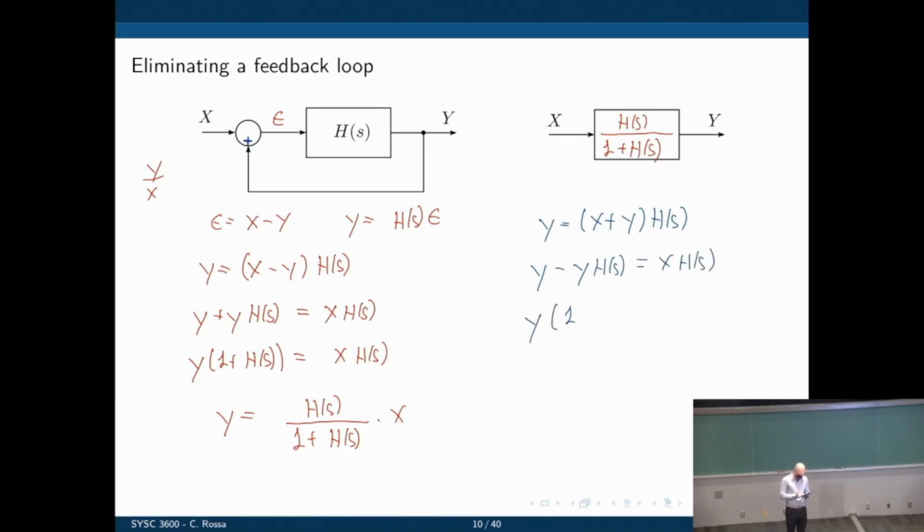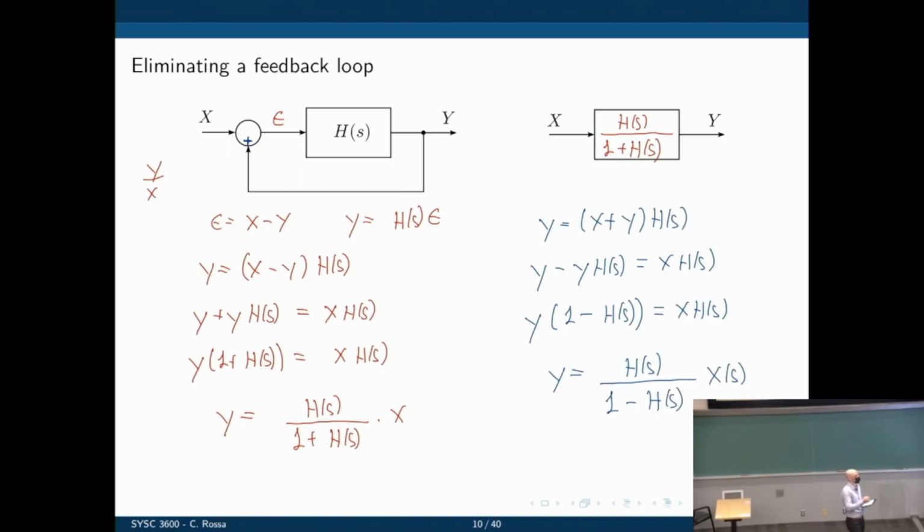Y multiplies 1 minus h of s equals x h of s, which means that y equals h of s divided by 1 minus h of s times x of s. So with a negative feedback loop, we have a positive denominator, 1 plus. And with a positive feedback loop, now we have the negative, 1 minus h of s.